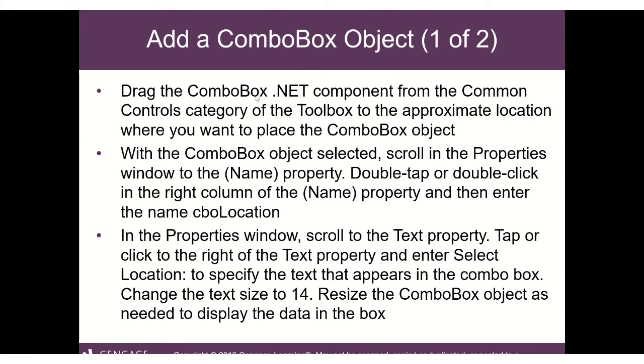So you need to drag the combo box. It's a .NET component from the common controls category of the toolbox. Then the combo box object is selected, and then you need to add the properties. You have to go to the properties window, name it correctly, and then add a placeholder title of the combo box, and then add different drop down menus under the combo box.